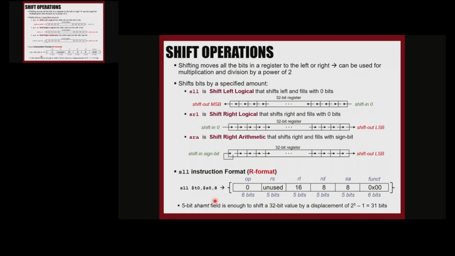So S0 is going to go to RT, and T0 is going to be in RD. So the destination register is where the destination register is supposed to be. But the common sense is using the first source. I don't know why they didn't use that, but they're using RT for that. Okay, so RS is not used.